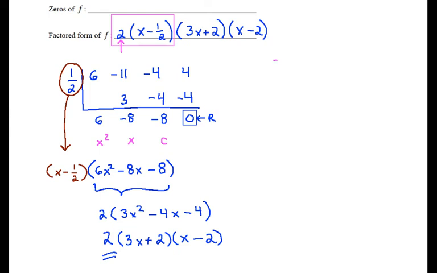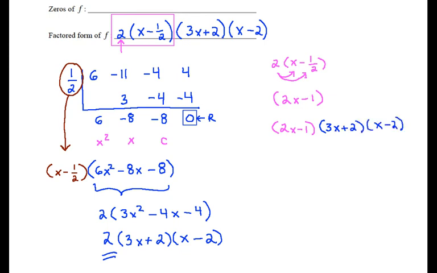What I mean by that is, if I were to multiply that 2 into the parentheses and just distribute, I can see that what I get is 2x minus 1. So it would also be okay to have this whole factorization written as 2x minus 1 times 3x plus 2 times x minus 2.